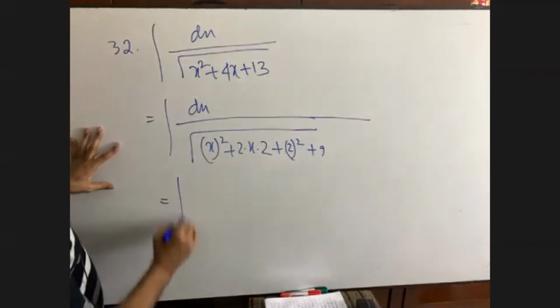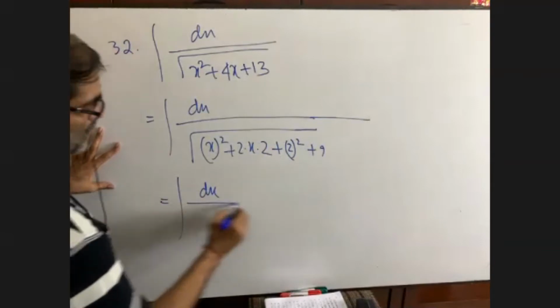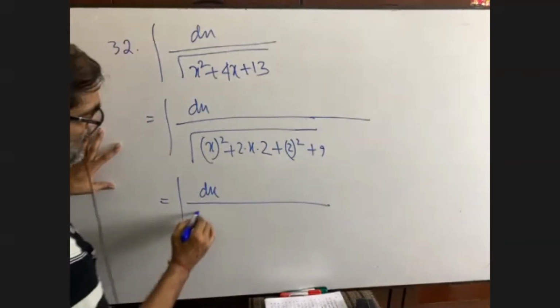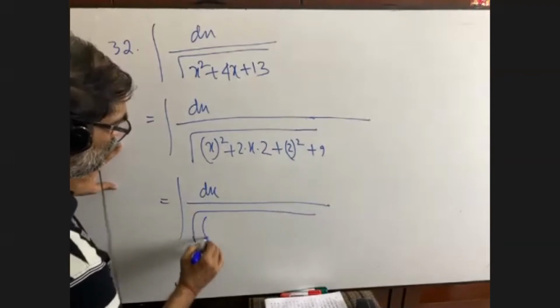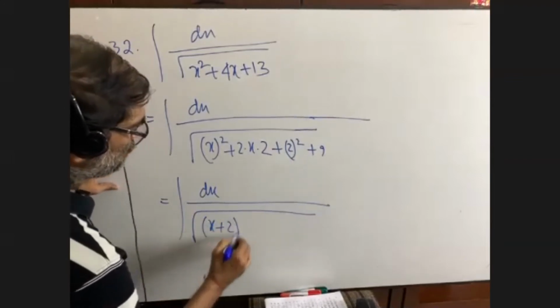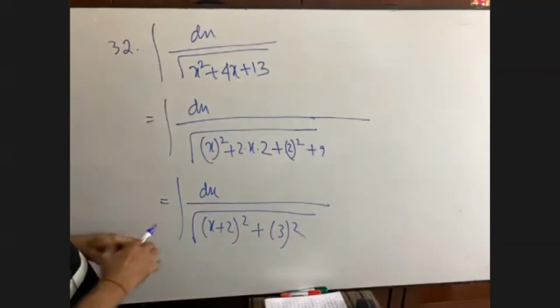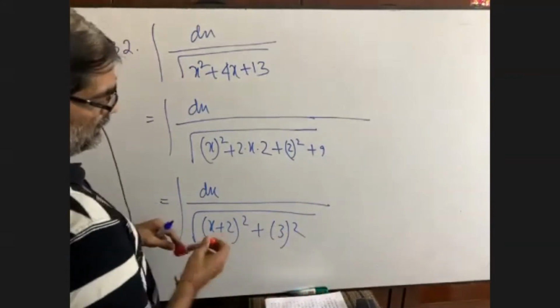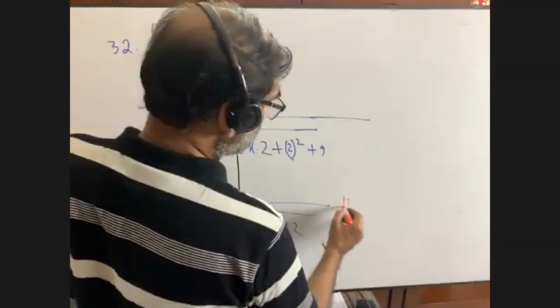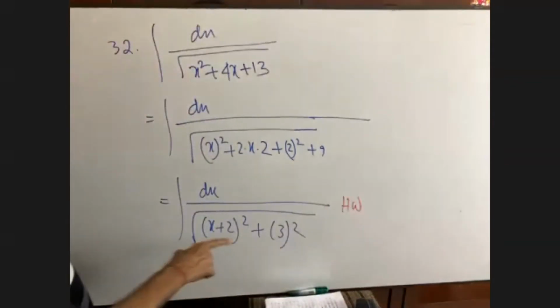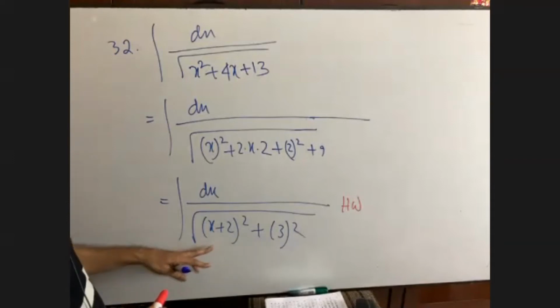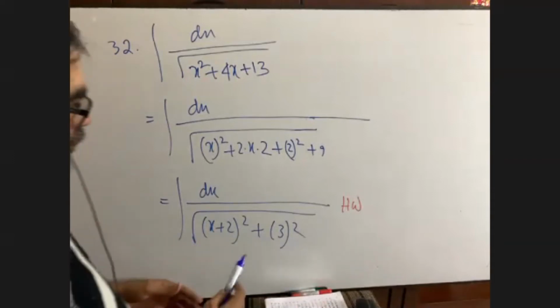That means dx by root over x plus 2 whole square plus 3 whole square. After this, it is homework. You have to put it into the formula of 1 by a tan inverse x by a. Are you getting me? You are left with only one line.